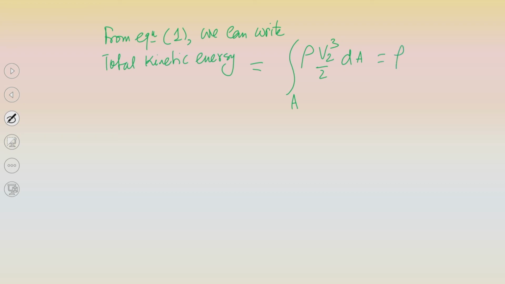So, from equation 1 we can write the total kinetic energy, that will be equal to the integral of rho V2 cube by 2 into dA over that particular area, and that is nothing but rho by 2 into the integral of V2 cube dA.